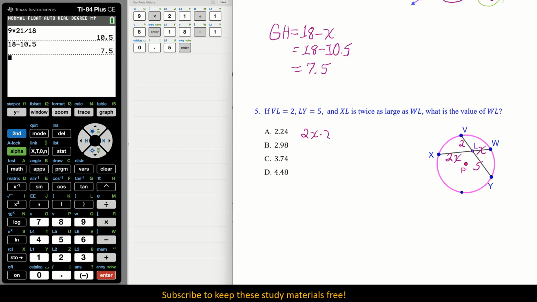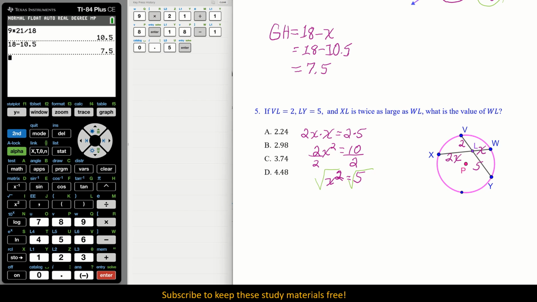This is what we have. 2x times x equals 2 times 5. That means we have 2x squared equals 10. Divide both sides by 2. This means we have x squared equals 5. Now we will take the square root of both sides.